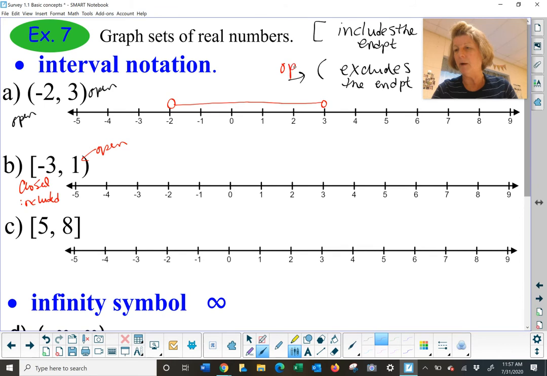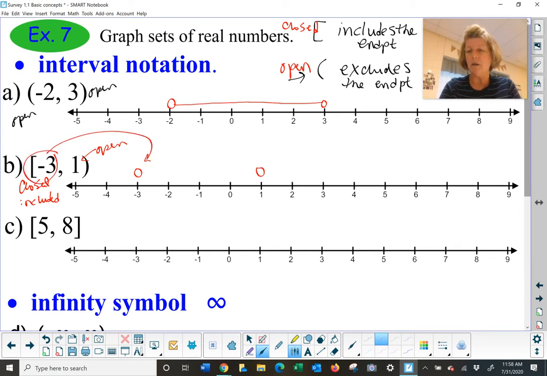Maybe up here I'm going to write open endpoint and closed endpoint, because I refer to those sometimes as open and closed. All right, -3, I'm going to circle that one, and 1. I want to go between those two. But -3 is closed, so we must do the shading. 1 is open, so no shading, which indicates it's not part of our solution set.